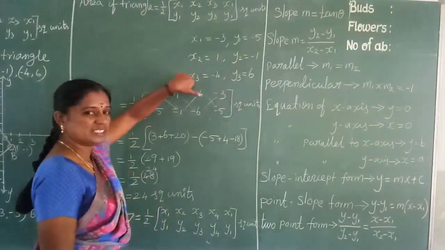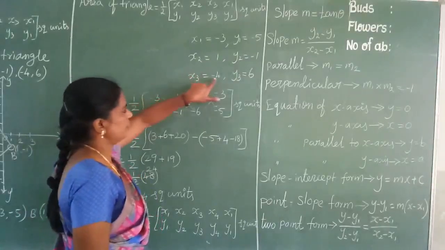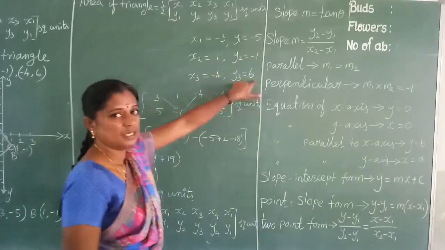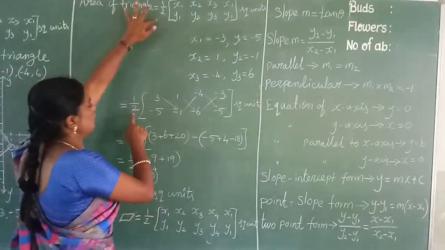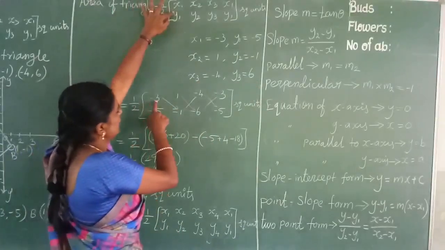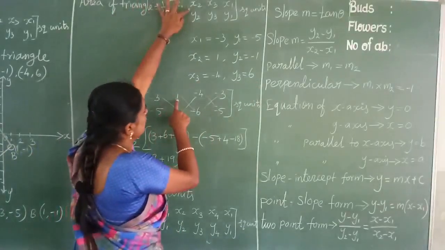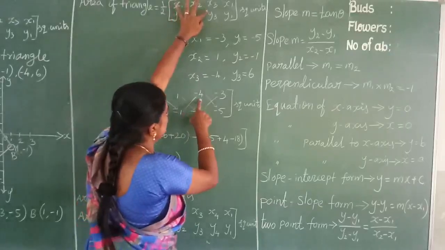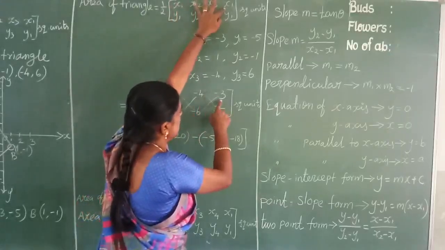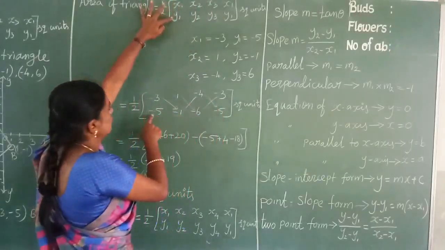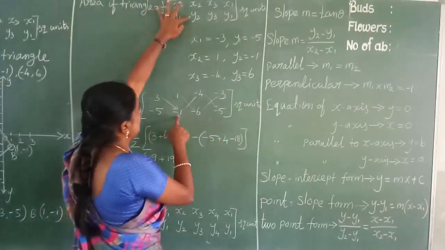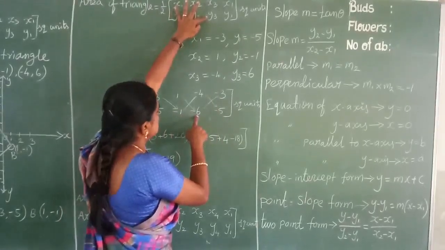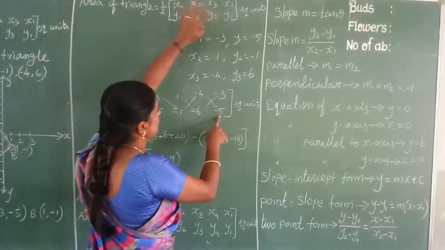C point we take as x3, y3: x3 is minus 4, y3 is 6. Now apply the formula: 1 by 2, x1 minus 3, x2 1, x3 minus 4, again x1 minus 3. Next y1 minus 5, y2 minus 1, y3 6, y1 minus 5.